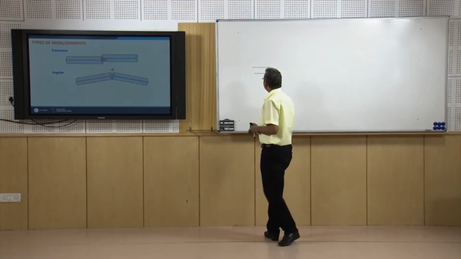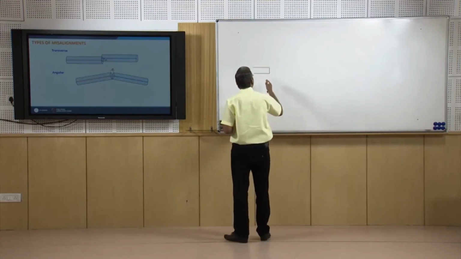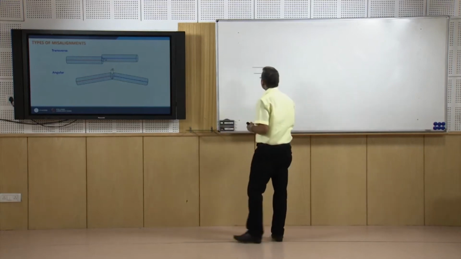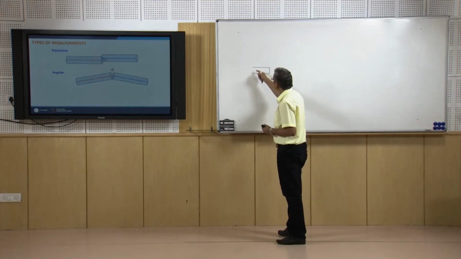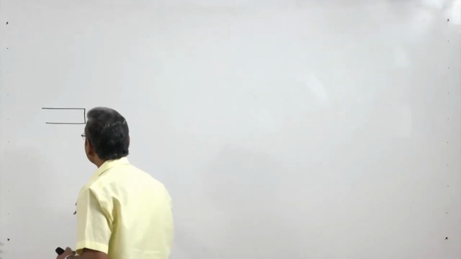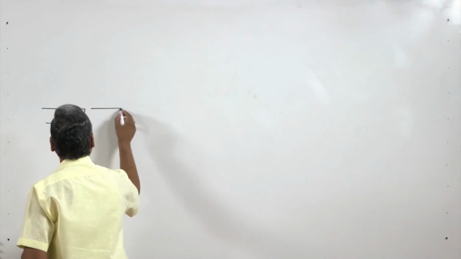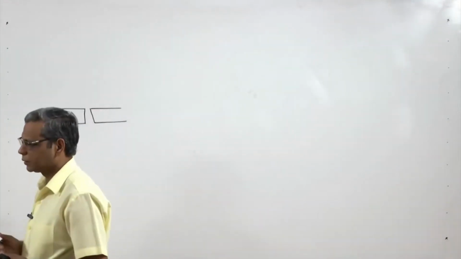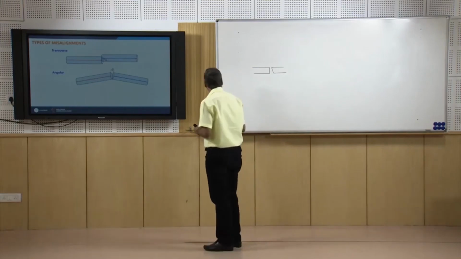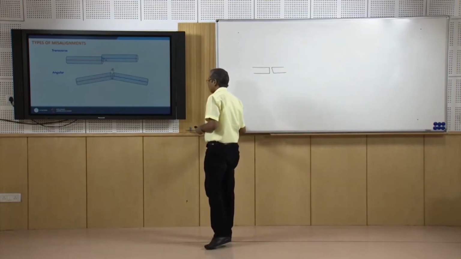Ideally, when you have two fibers and you want to join them, you first cleave the fibers. The surface should be perfectly perpendicular to the fiber axis, but if it is something like this, then it will cause angular misalignment loss.